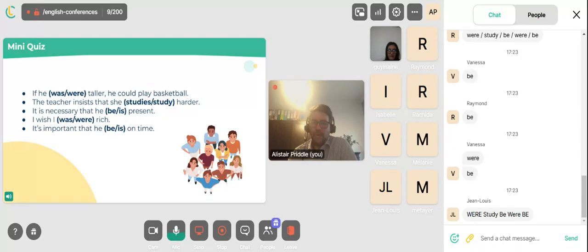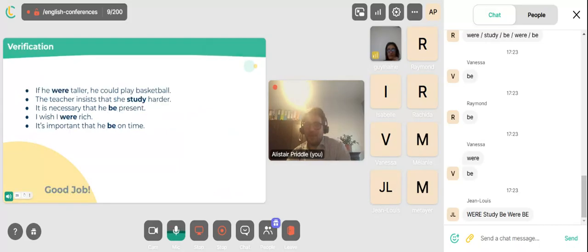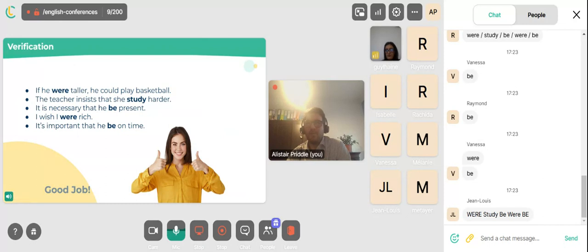Okay, well, we're getting lots of answers in the chat, so wonderful. Well done for your participation. Everyone's having a go, which is great. So I think you all seem to have understood how this works. So let's check our verification. If he were taller, he could play basketball. The teacher insists that she study harder.